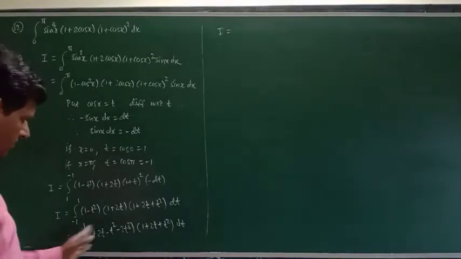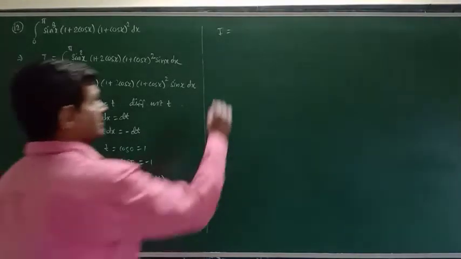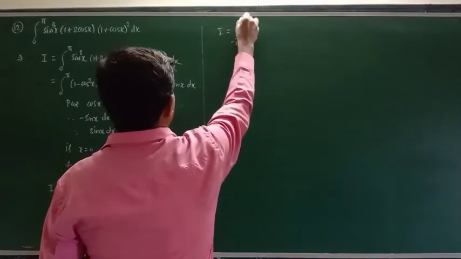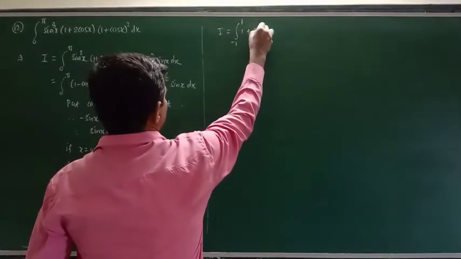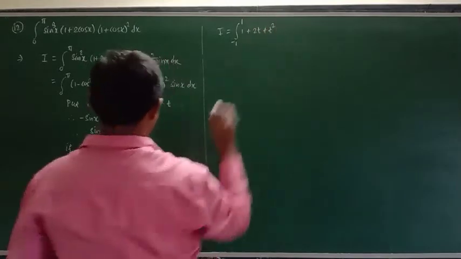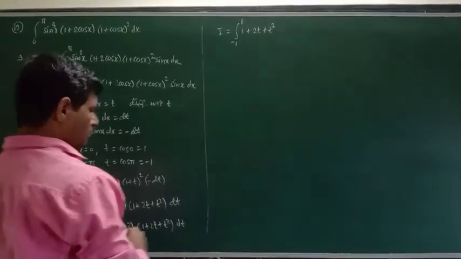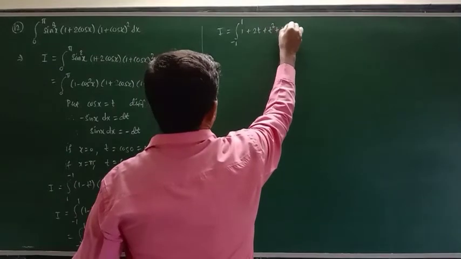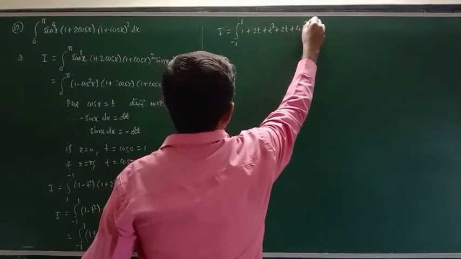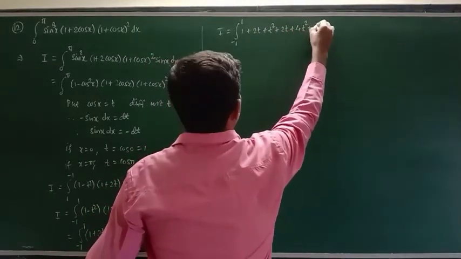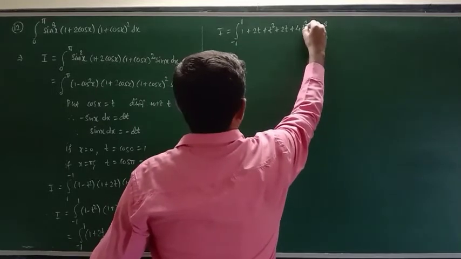Okay, so I is equal to, again perform the multiplication of two brackets and then take integration. Integral minus 1 to 1, 1 into (1 + 2t + t square). Okay, multiply by 2t: 2t plus 4t square plus 2t cube.